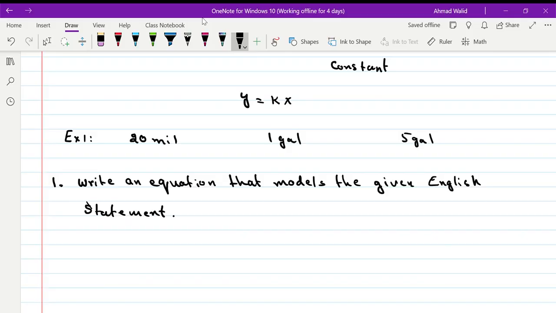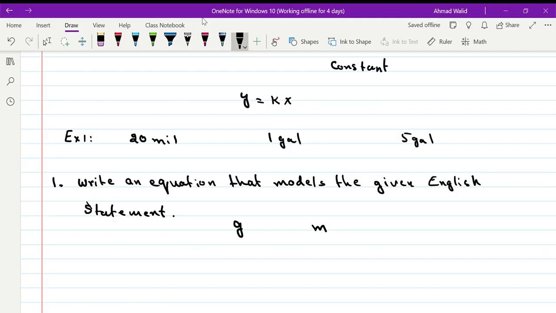Look, 20 miles, 1 gallon, you can travel 20 miles. What I do, I use G for gallon of gas and I use M for the mileage. If with 1 gallon I can travel 20 miles, with 5 gallons, of course I can travel more mileage.